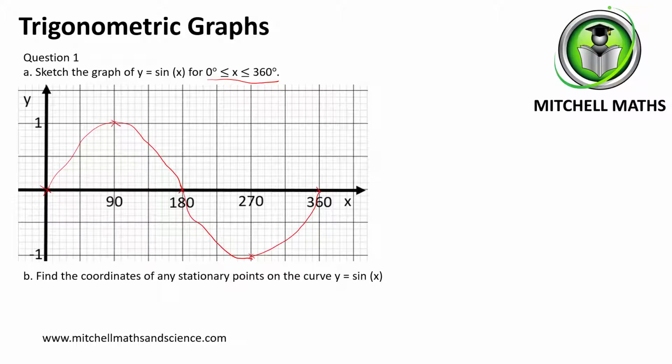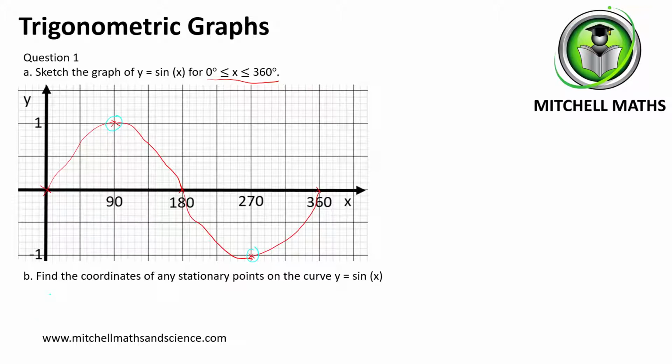A stationary point is when the gradient is 0, so it's horizontal, flat. There are two stationary points on this curve: a maximum point here, and a minimum point here. The coordinates of this point here: the x value is 90 and the y value is 1.